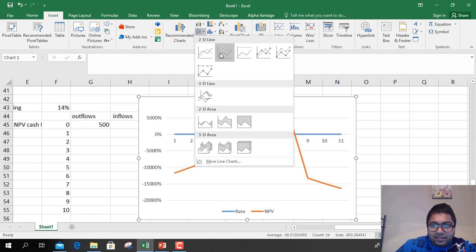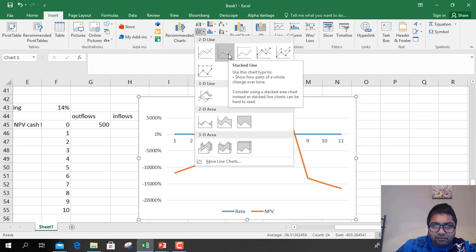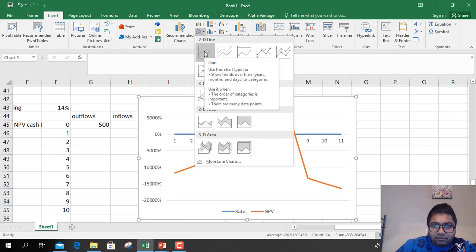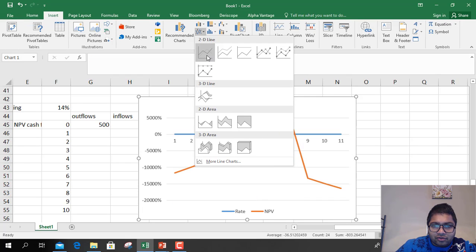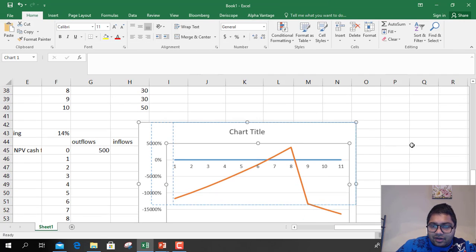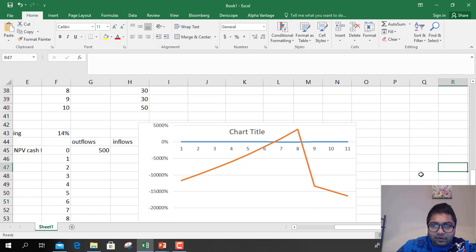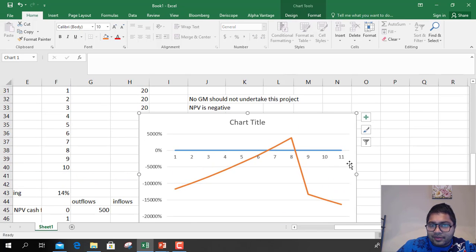So I'm doing a line chart. Let's do a 2D chart. Okay, so if you graph this out, it looks something like this.